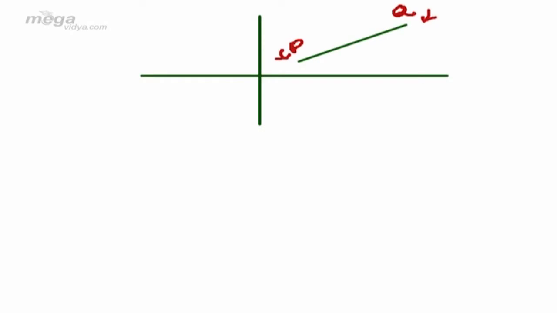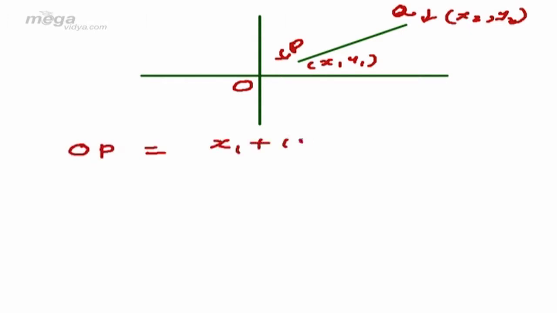If we take a line PQ, the P vertex is denoted by x1, y1 and the Q vertex is denoted by x2, y2. So the complex number OP, that is joining the point P to the origin, will be x1 plus i y1, and the complex number shown by the line OQ will be x2 plus i y2.